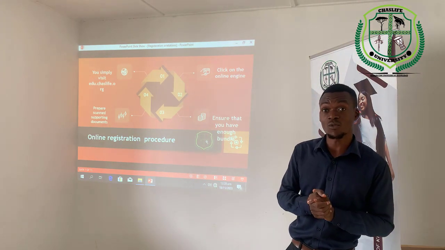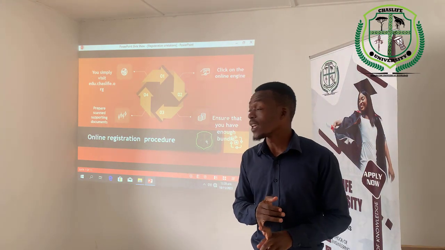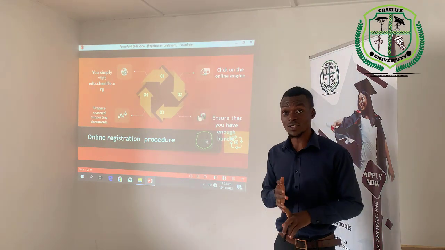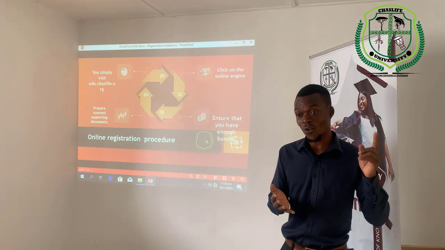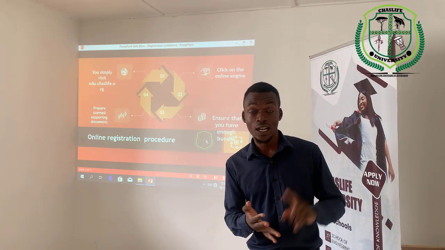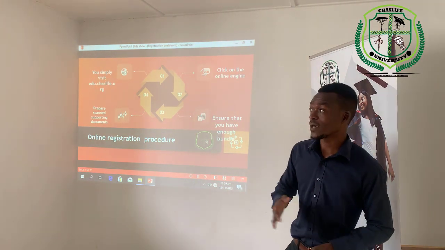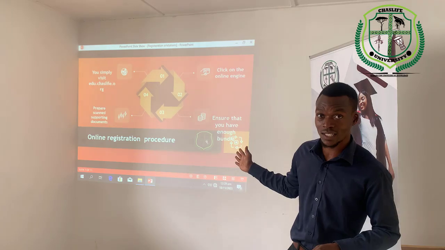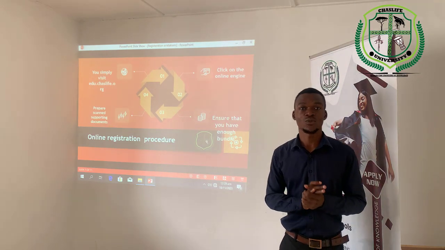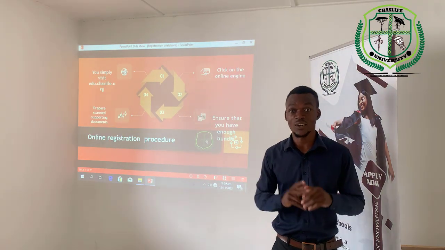There will be a form that will require you to fill in your name, and there will be other details such as attaching your acceptance letter, your retrieve results, and your receipt that reflects the payment of the mandatory 350 kwacha registration fee.